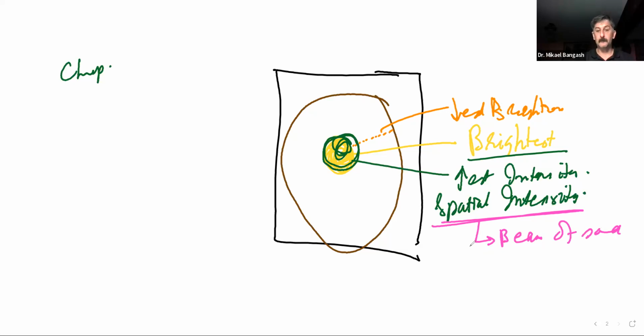So why beam? Mainly because it just acts like a light beam. Clear? Okay.